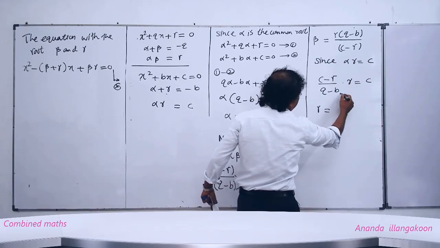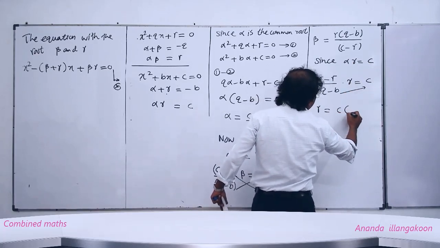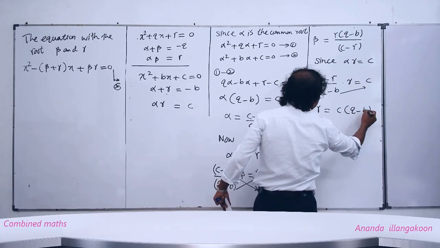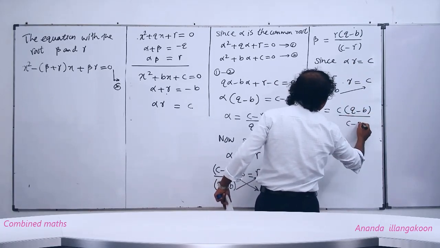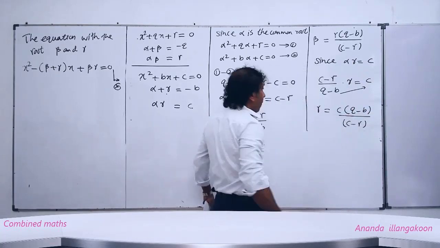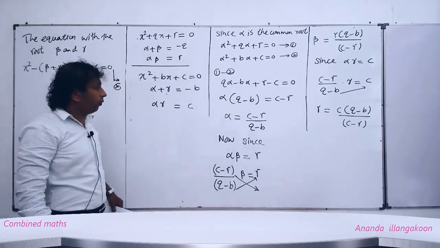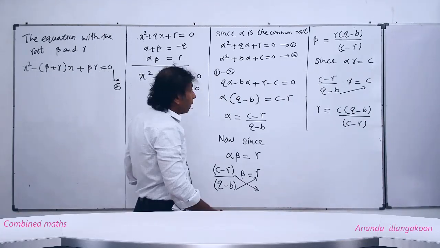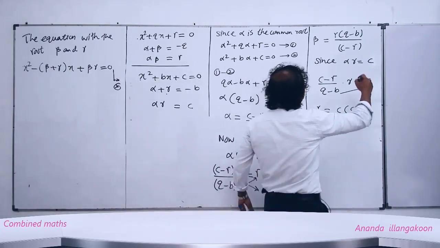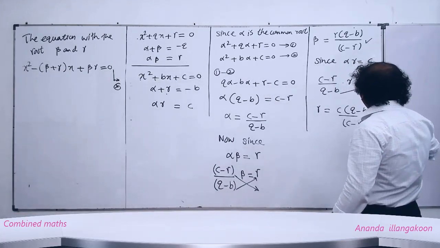Gamma, people, use this c: gamma equals c times q minus b divided by c minus r. Then we know this beta, we know this gamma.